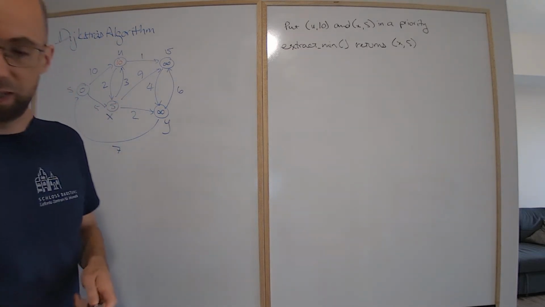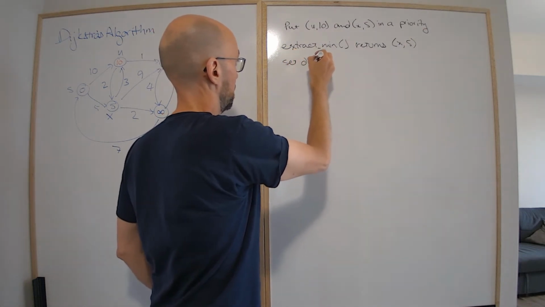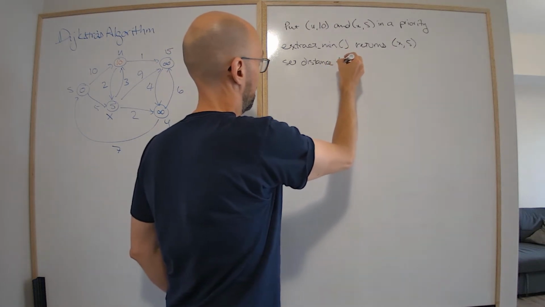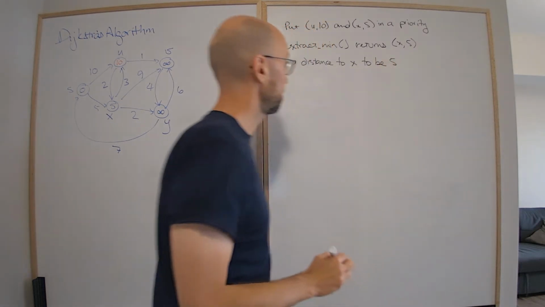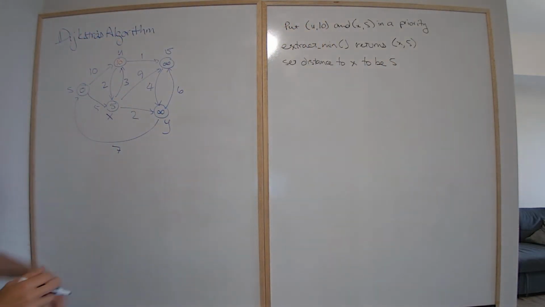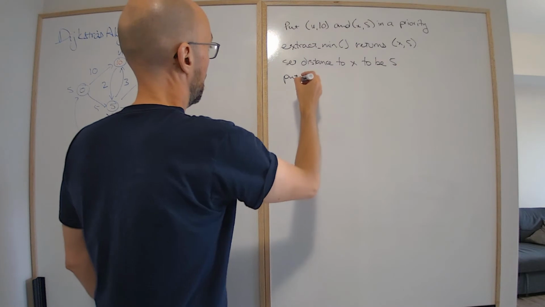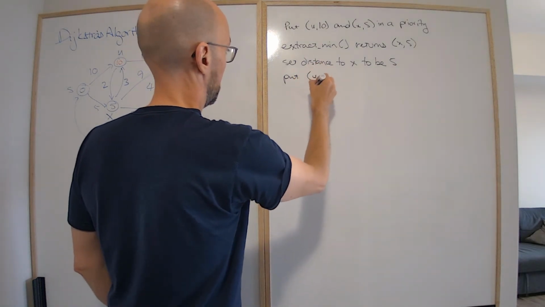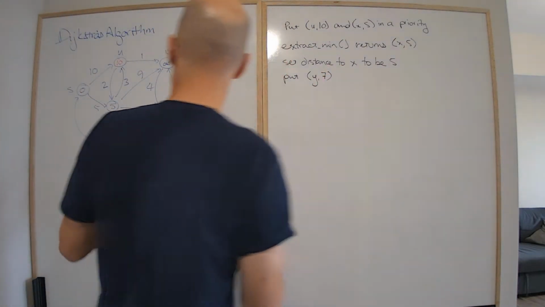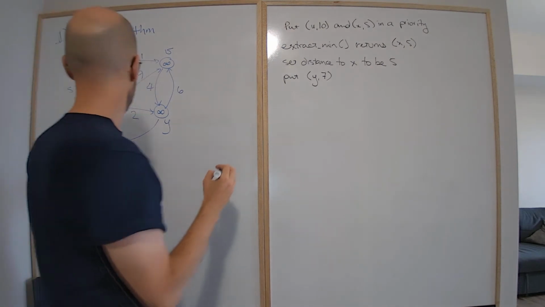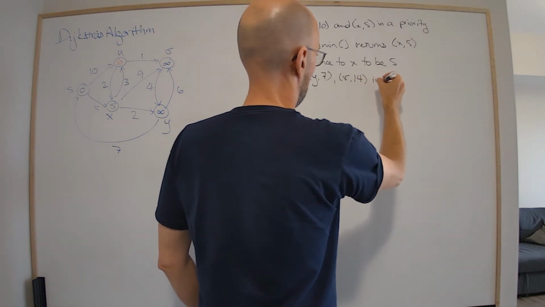So this is when you make this move. So set distance to X to be 5. Now you put Y, so you can get to Y after 7 hours, so Y7, and V14 in the priority queue.